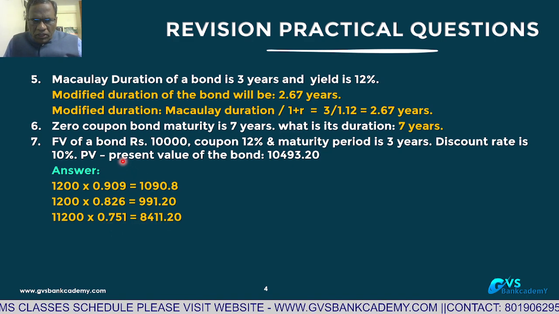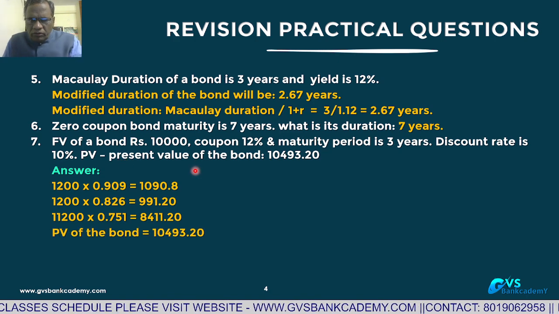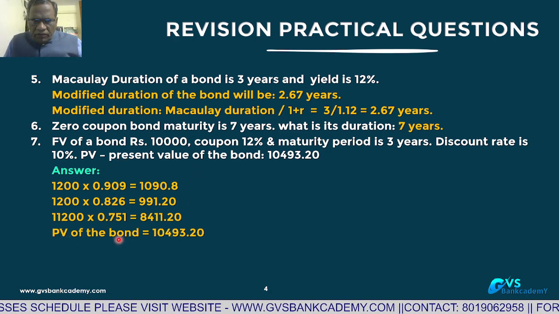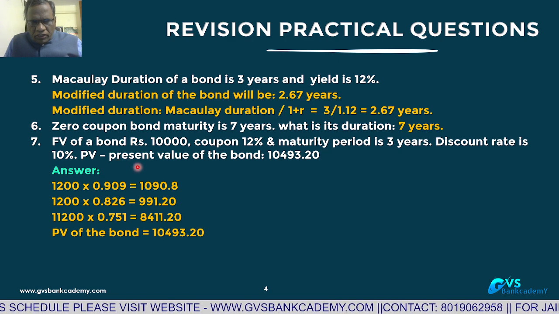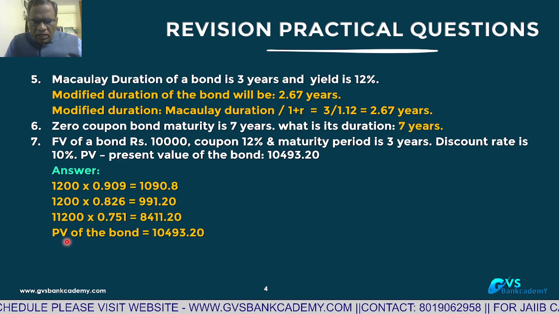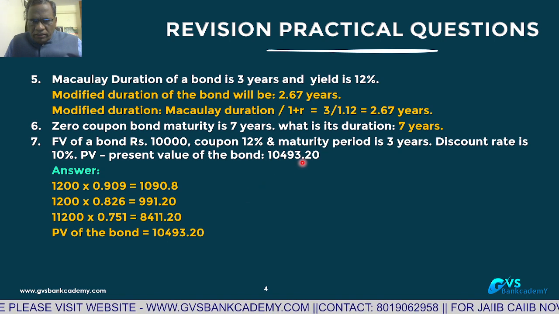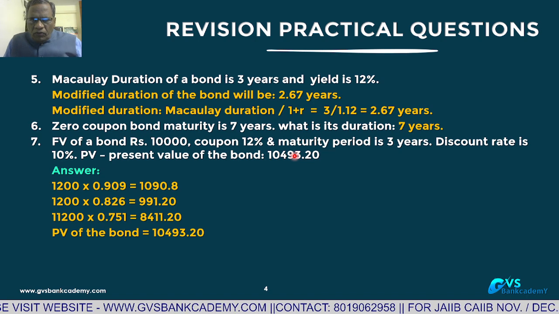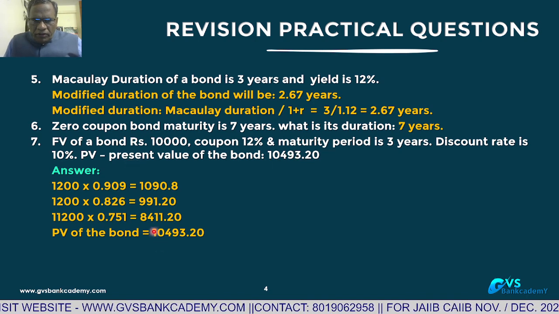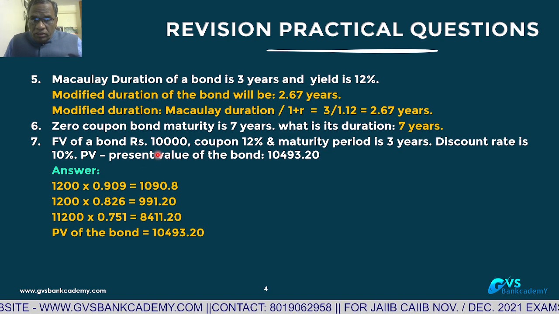8,411.20. Now what they are asking, present value, you have to add it. Present value of the bond, or you can call it the intrinsic value, is equal to 10,493.20. Now why is the bond's present value more than face value, more than 10,000?